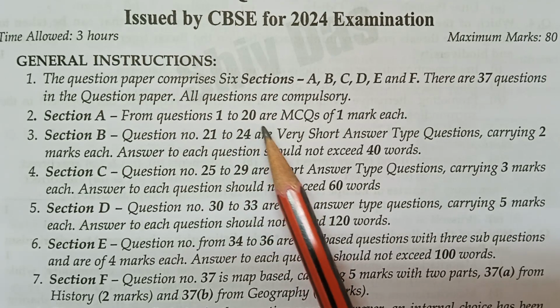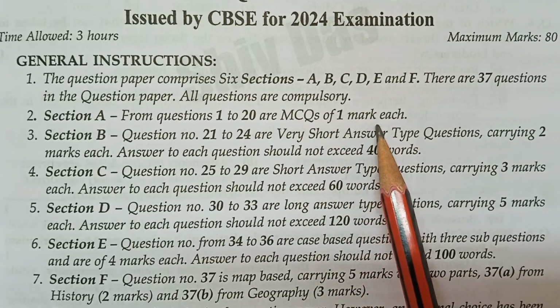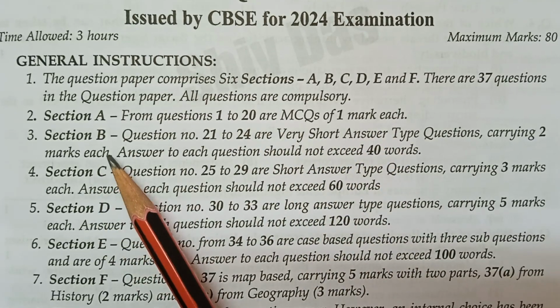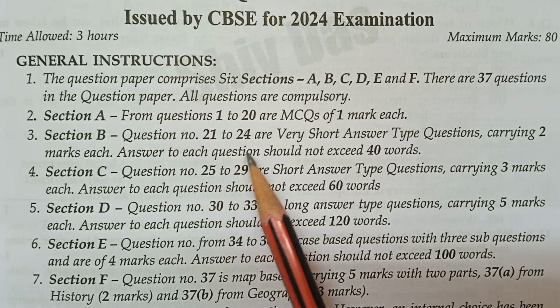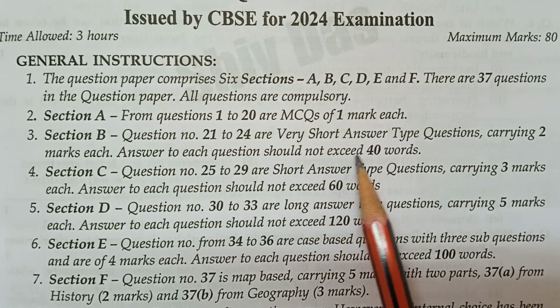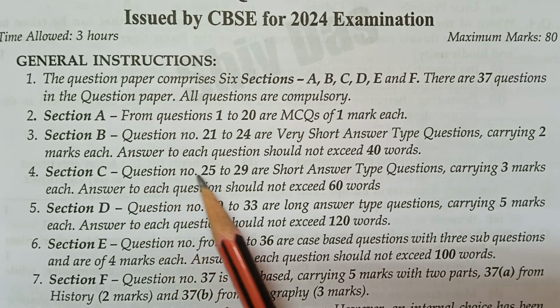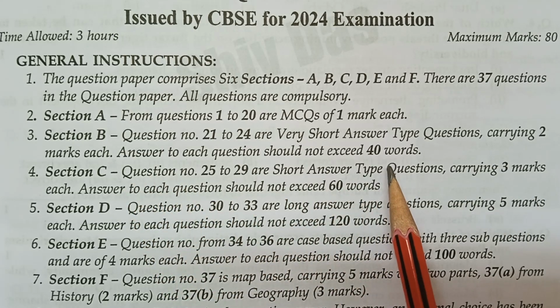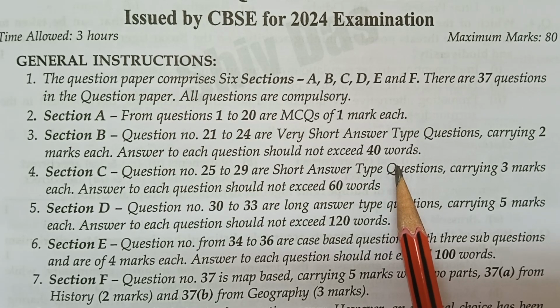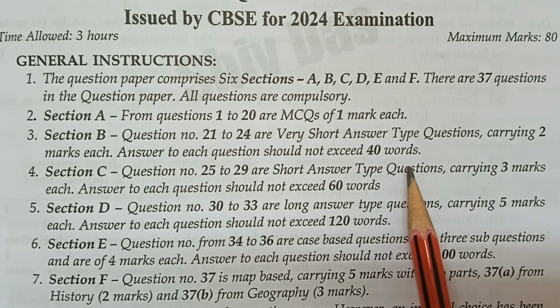In Section B, questions 21 to 24 are very short answer type questions carrying 2 marks each. The answer to each question should not exceed 40 words, which I was telling you again and again. These 40 words are very important for you. You need to write content wise, according to that question.